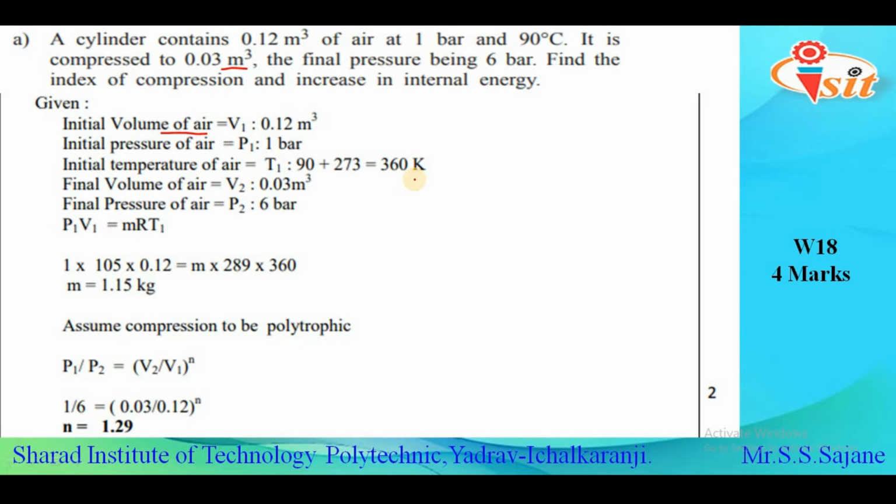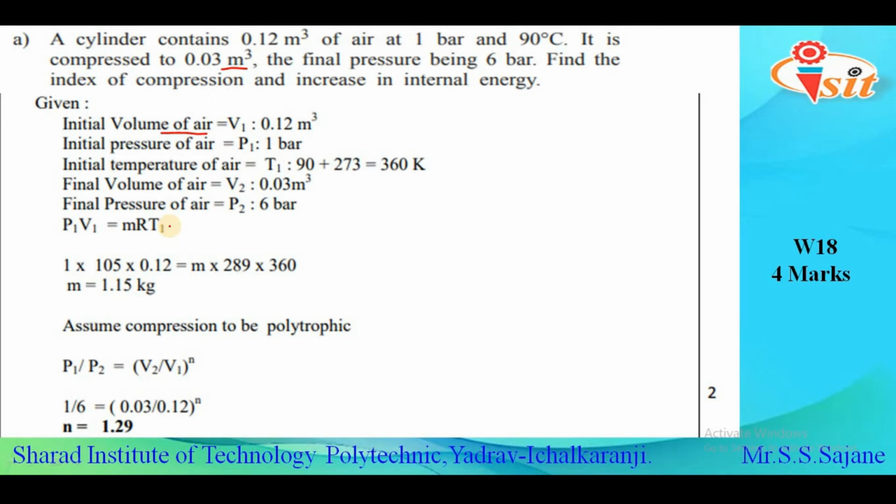After this we use the characteristic gas equation for determining the value of mass. This is necessary because without mass we cannot calculate the change in internal energy. So by this characteristic gas equation, that is PV is equal to mRT, since we have all the values, that is P1, V1, T1, we can substitute in this equation.